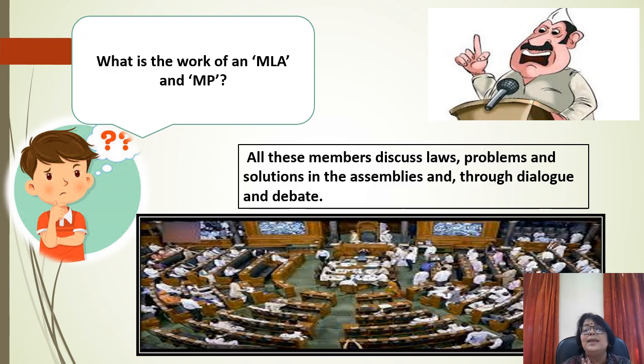Here people elect their representatives, known as members of parliament at the national level and members of legislative assembly at the state level. These MLAs and MPs, who are directly elected representatives, take all major decisions and act on behalf of the people of the country.